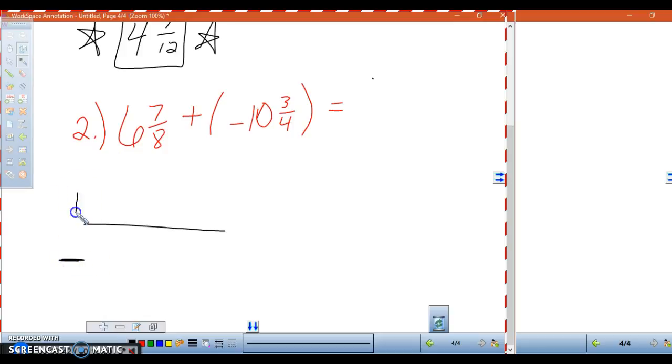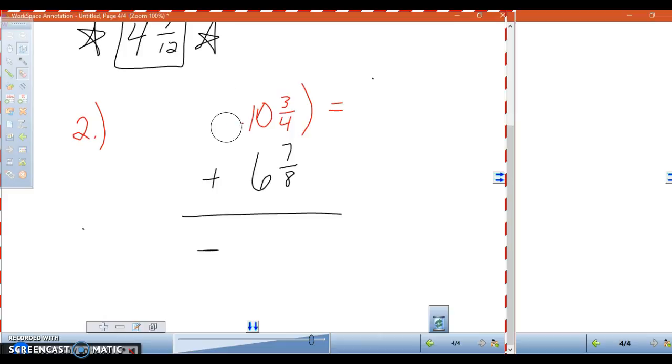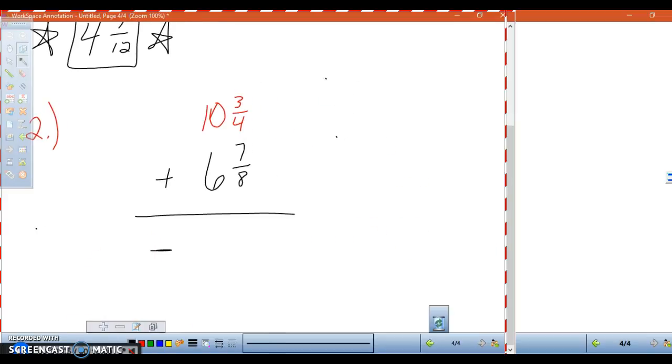I'm going to write that negative there right now. And now we're going to subtract them. Well, which one? What makes sense? What am I going to put on top? 10 3/4. So right away, we're going to switch this. 6 and 7/8. And I know my answer is going to be a negative. And then I'm going to forget about it. Okay? Done.